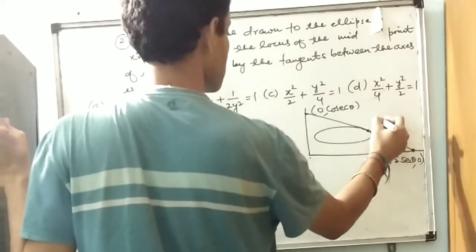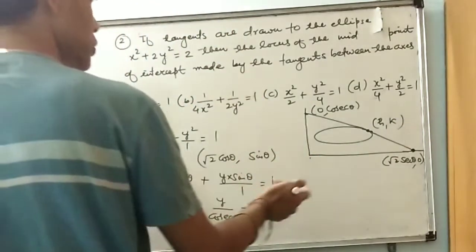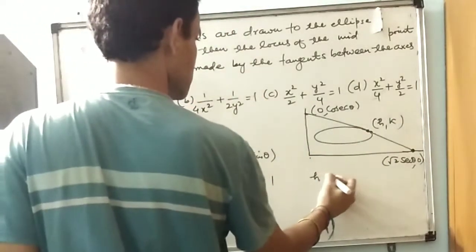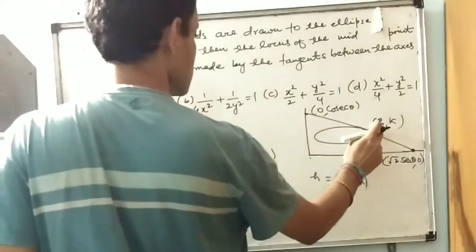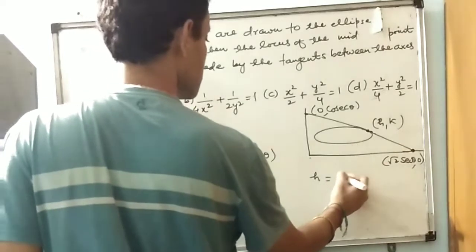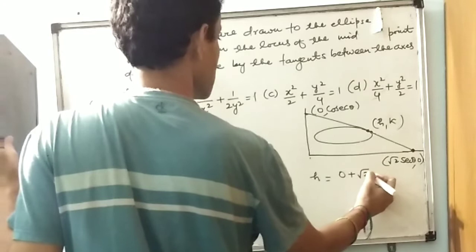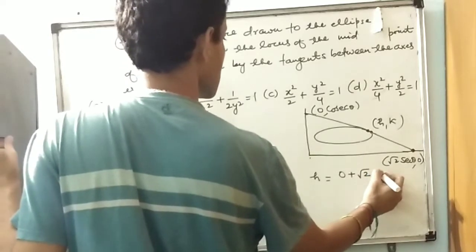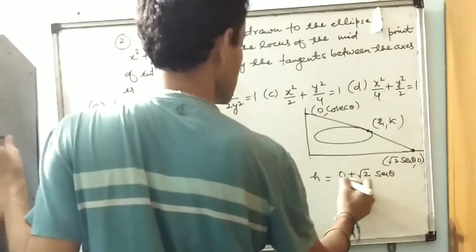Now let us assume that the point of contact is h comma k. Using the midpoint concept, h will be equal to 0 plus root 2 sec theta divided by 2.